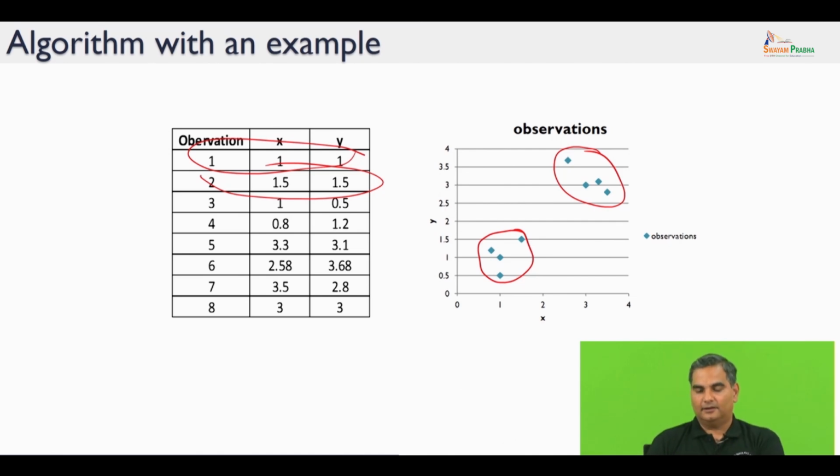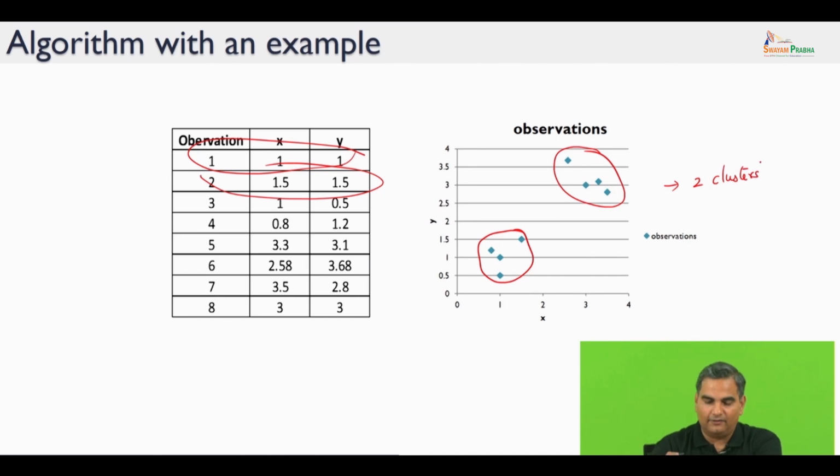In any case, let us say we want to partition this data into different clusters, and for the sake of illustration let us assume we are interested in partitioning this data into 2 clusters.